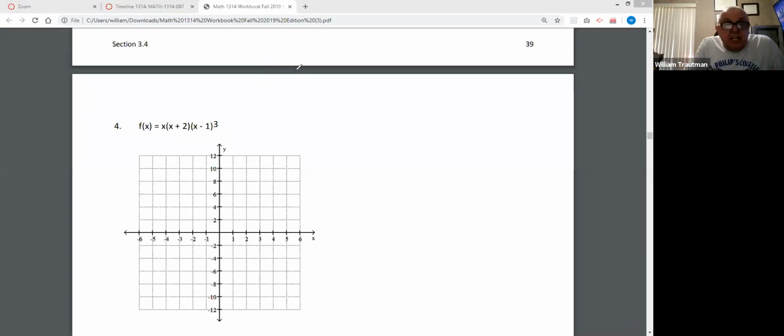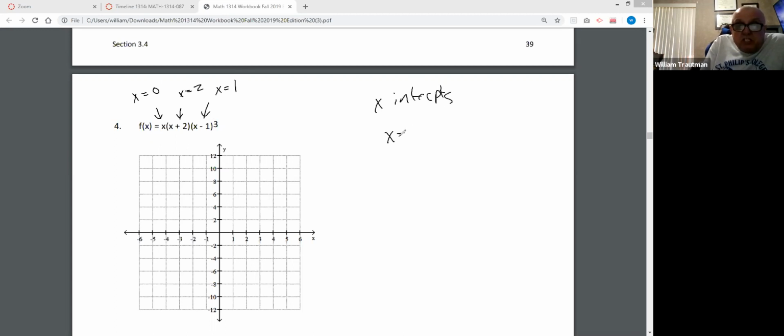But let's find the x and y intercepts here. X-intercepts: there's one x-intercept, x equals -2. Here's one, x-intercept equals +1. It's always the opposite sign. And there's an x-intercept of 0.